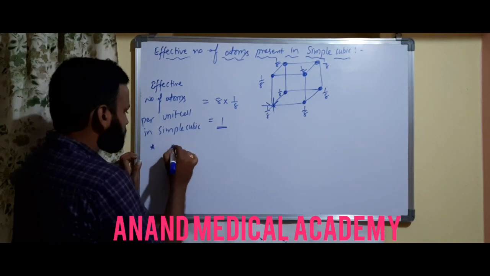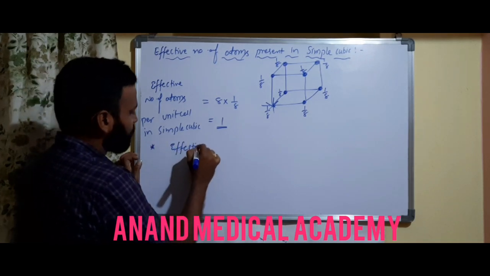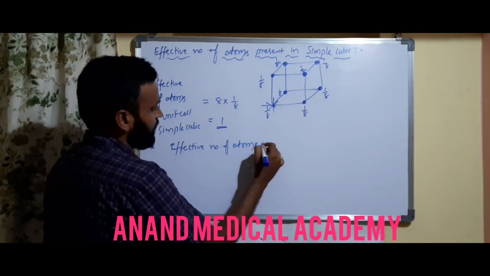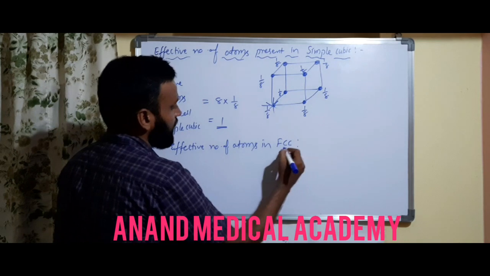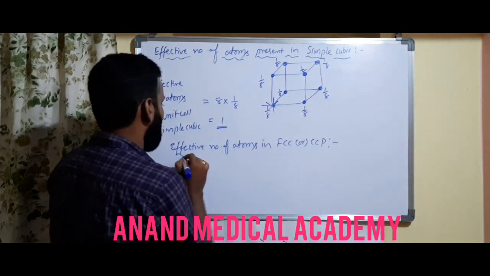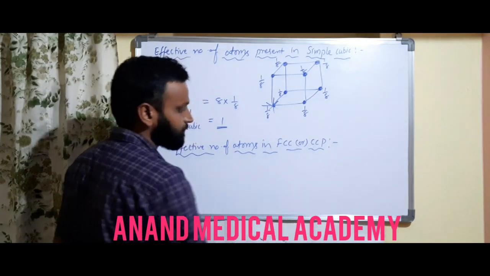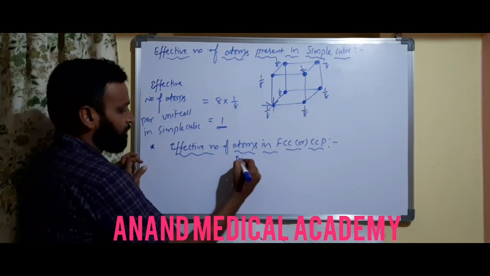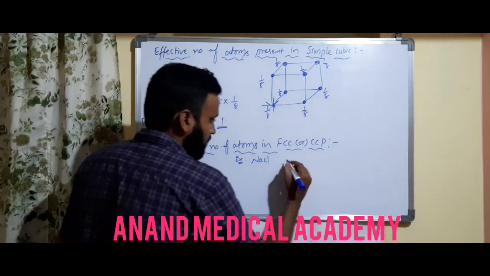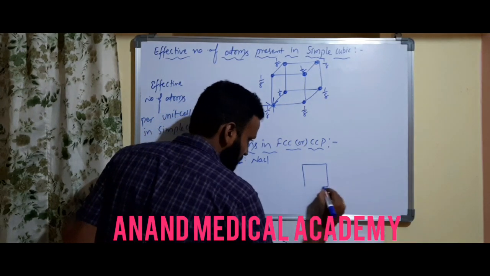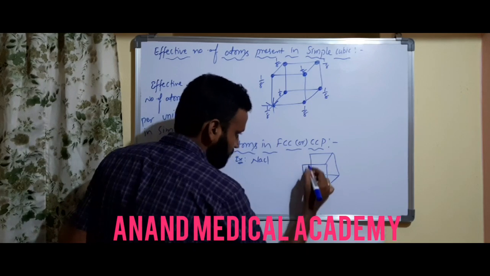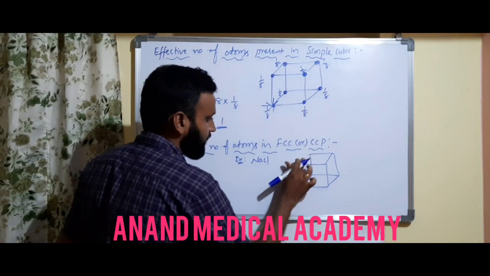Now let's see the same effective number of atoms in FCC, or else you can call it CCP, cubic close packing, face centered cubic. Okay, so example here, sodium chloride, NaCl has FCC. So here, how many effective number of atoms are present? 4. Getting what I'm saying?